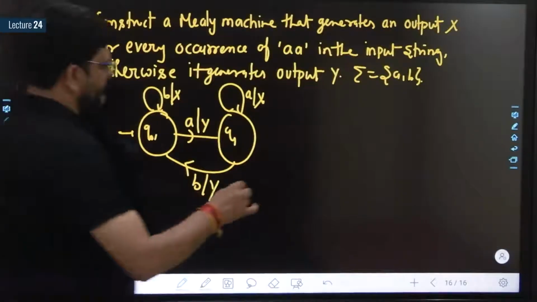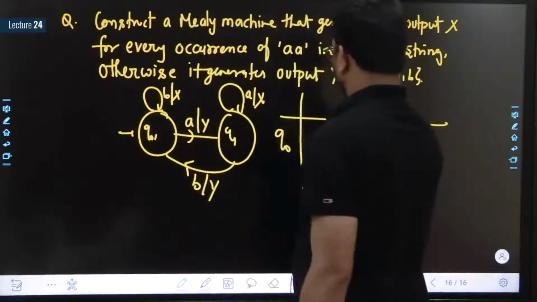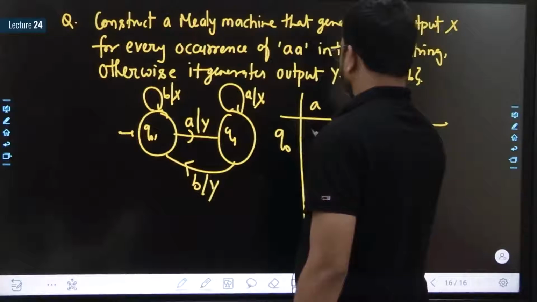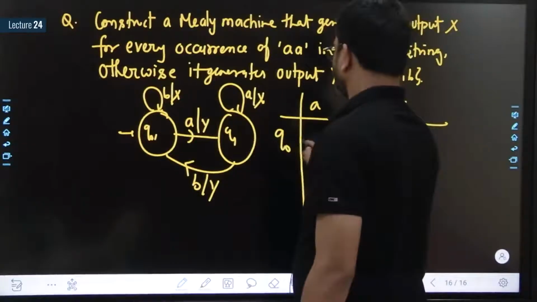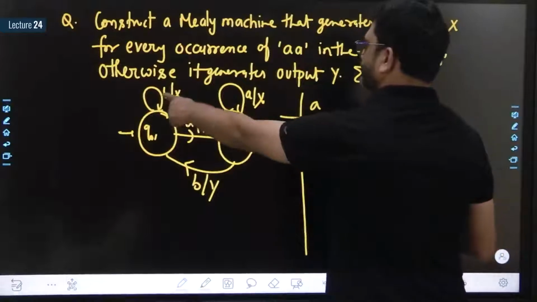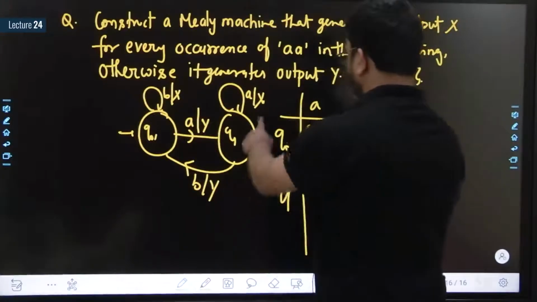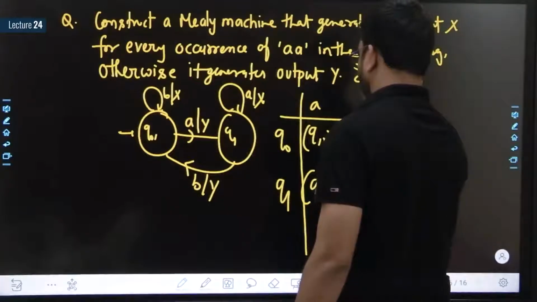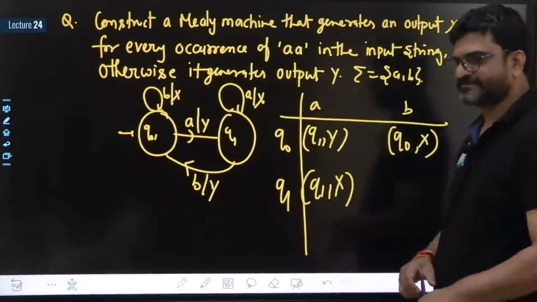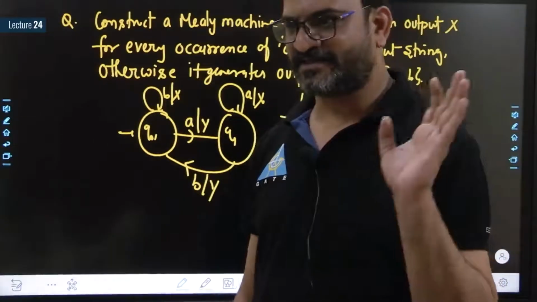What is the transition table for this? Q naught, input alphabet is A, B. Seeing A, it goes to Q1, output is Y. Q naught seeing B, it goes to Q naught, output is X. Q1 seeing A, output is X. See, there are two outputs associated with Q1, Q1 Y and Q1 X. In Moore machine, only one output is associated with the state.